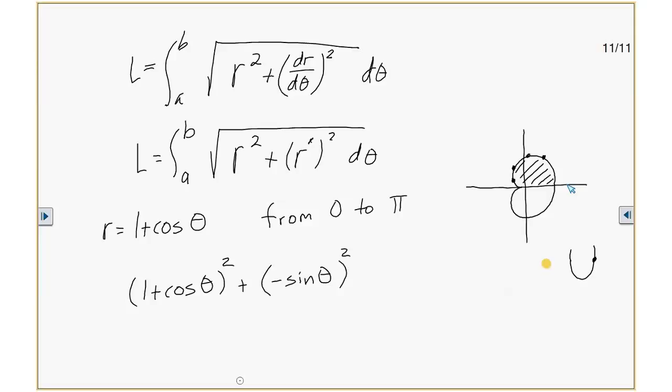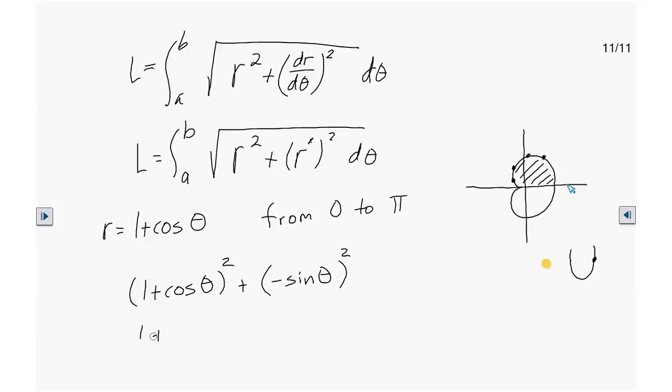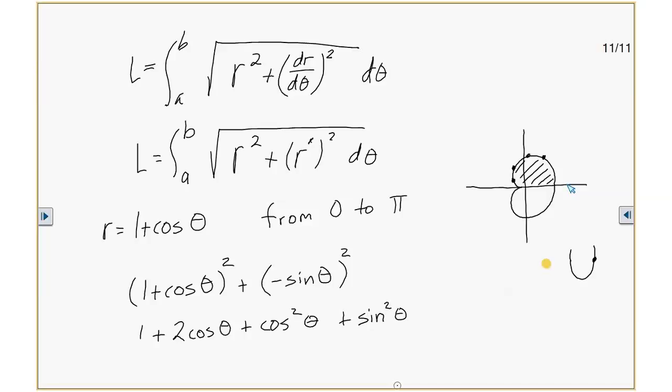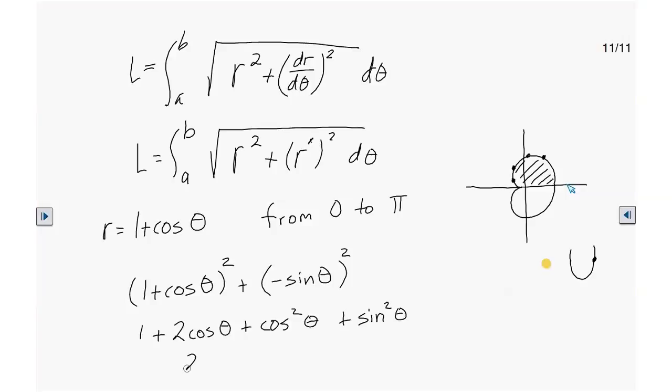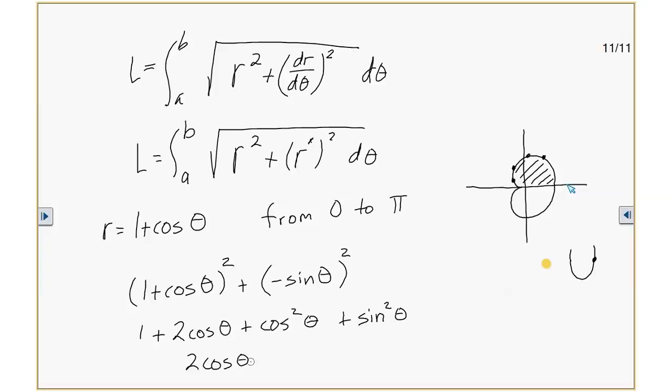So we need to do the FOIL method and see if there's anything similar. So that's going to be 1 plus 2 cosine theta plus cosine squared theta plus sine squared theta. And that's going to give us 2 cosine theta plus 2.